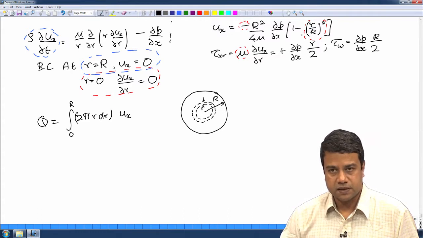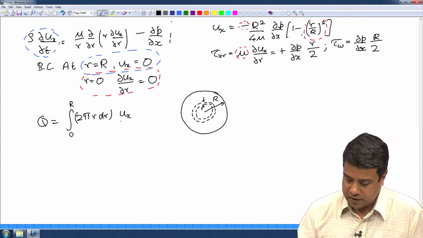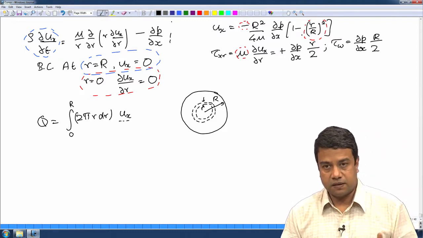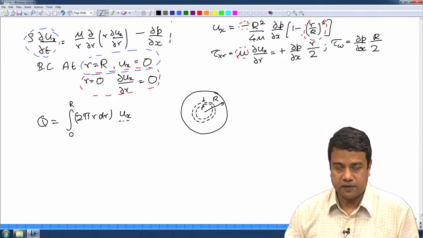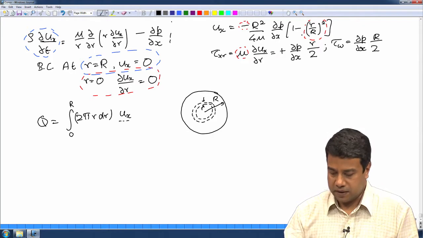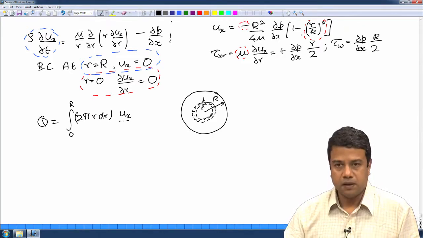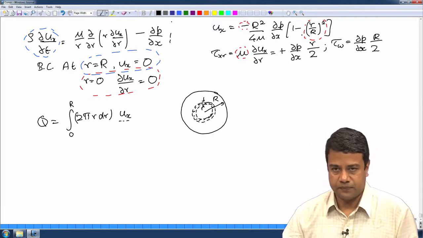The velocity ux is only a function of the radius. So, I have to take the velocity and multiply it by the cross sectional area to find out the total amount that is crossing one particular cross section per unit time, the amount flowing per unit time.